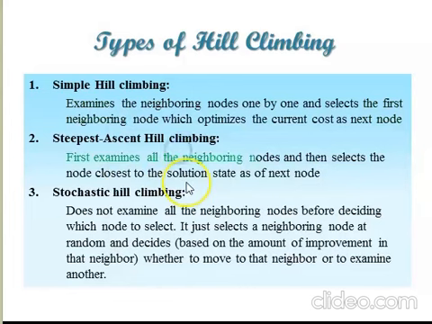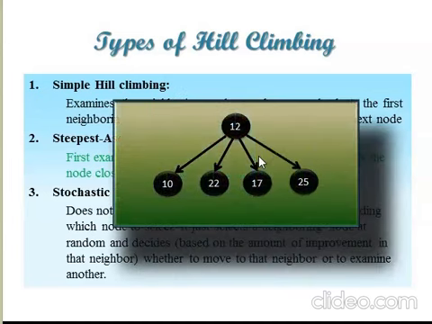The next one is steepest ascent hill climbing. It first examines all the neighboring nodes. Before selecting a path, it will be examining all the nodes and it chooses the best value available. I am taking the same example again. So it will be selecting all the values 10, 22, 17 and 25.